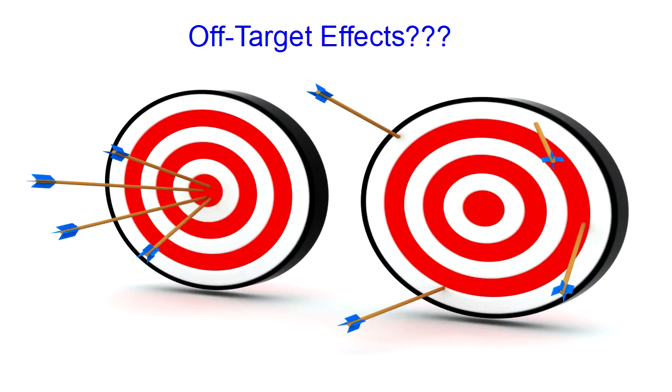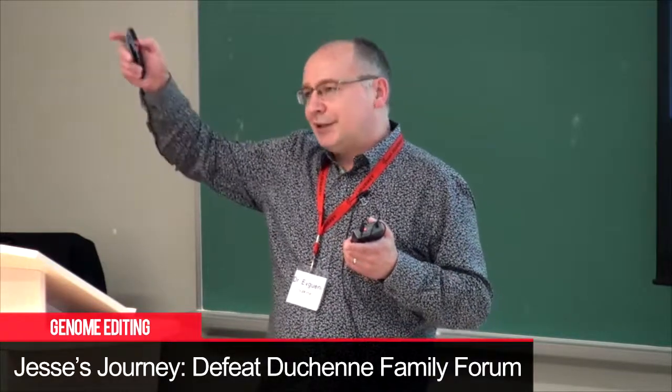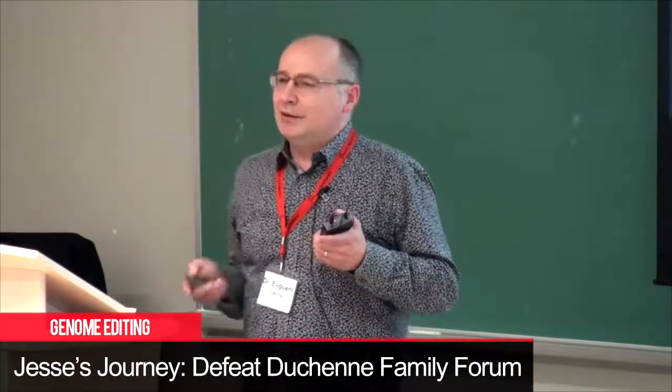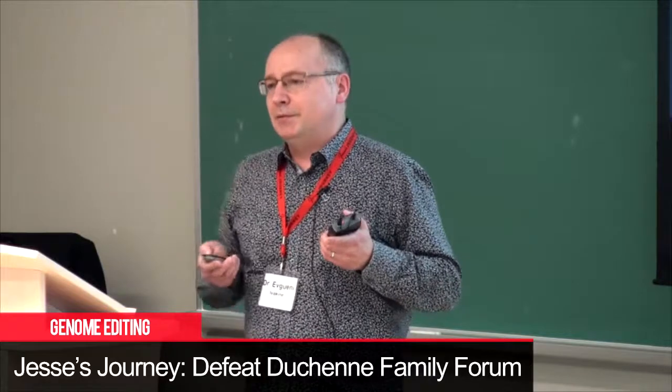Off targets. Everybody you ask about genome editing is going to say off targets are still a big issue. What do I mean by off target? Because we do cut DNA, we don't want DNA to be cut in some other place. It's like when you put in a GPS, Victoria Street 553, but there could be a Victoria Street 553 in London, Ontario, or in Toronto.